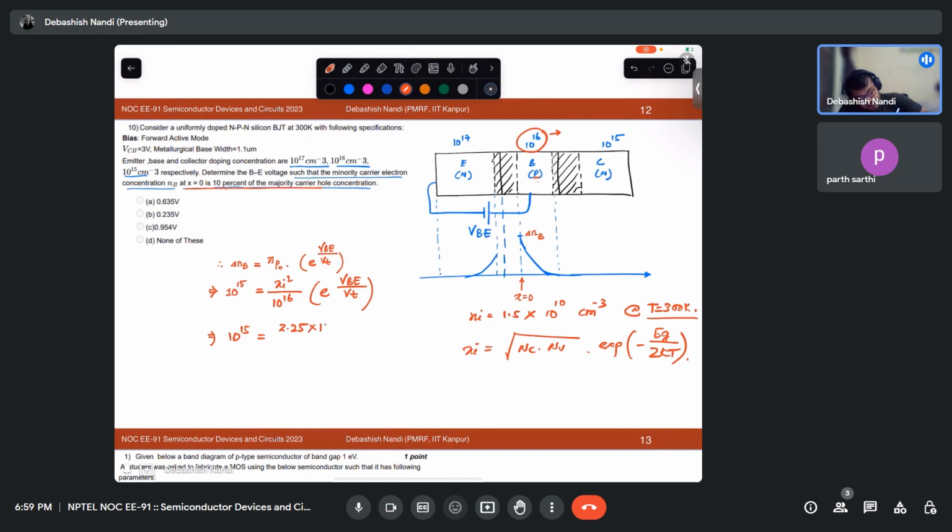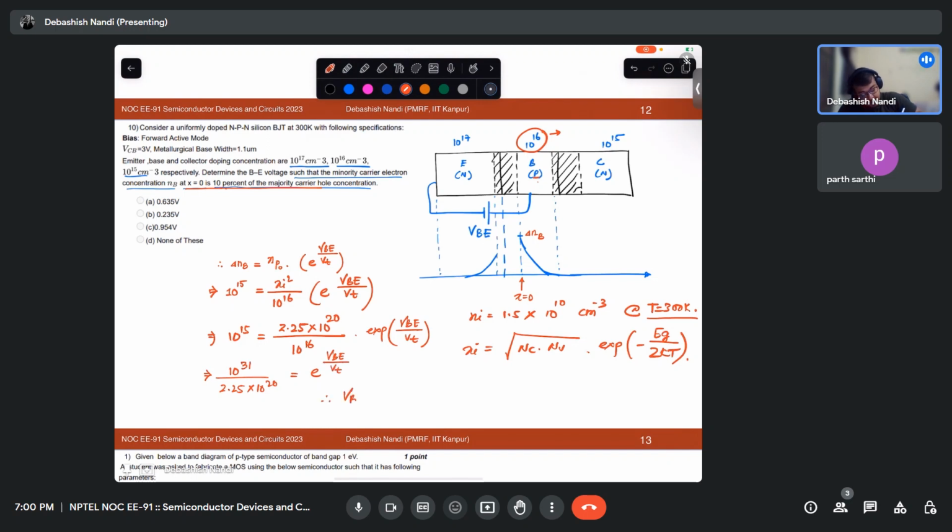So this will be 10 raised to 20 over 10 raised to 16 times exponential VBE over VT. So this will be your 10 raised to 31 over 2.25 times 10 raised to 20 is equal to e to the power VBE over VT.